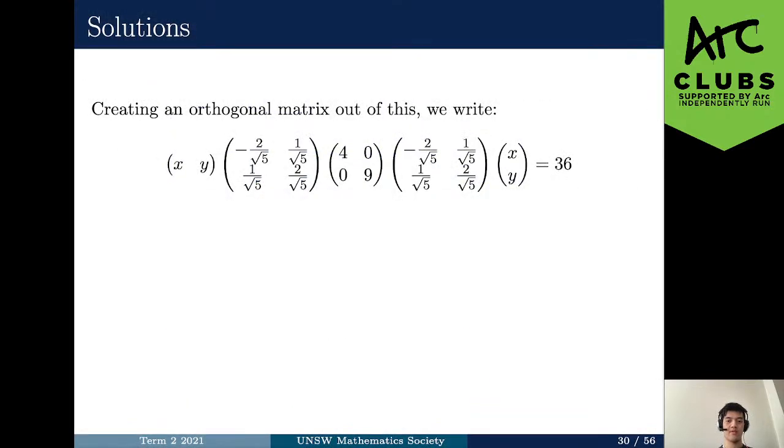So this matrix on the right is simply the transpose of the one on the left, because each of the columns is now a unit vector, and so all of these are orthonormal.